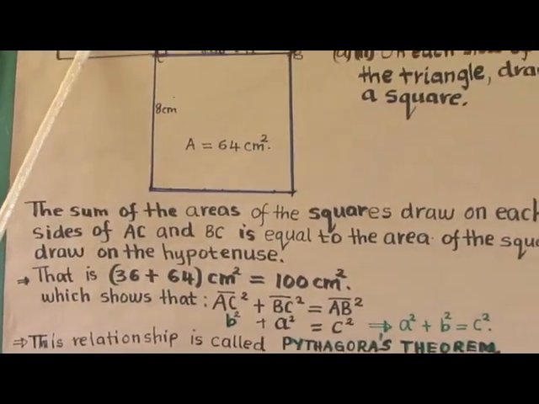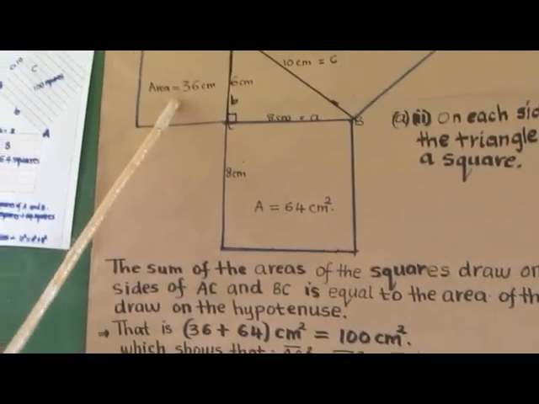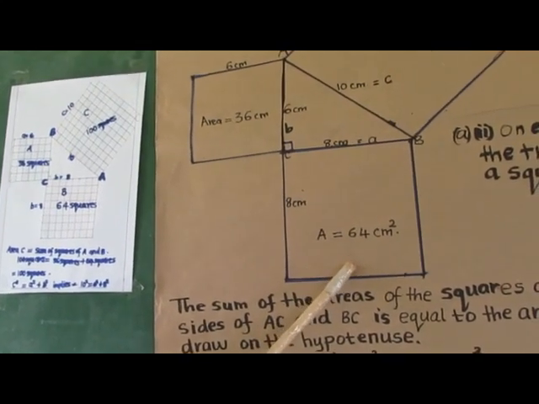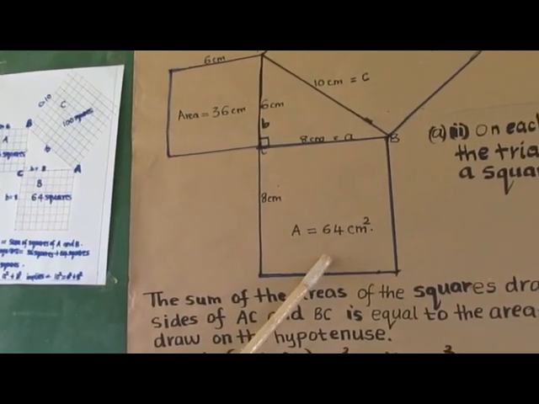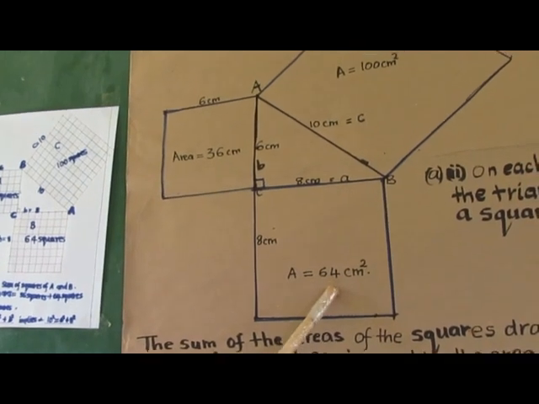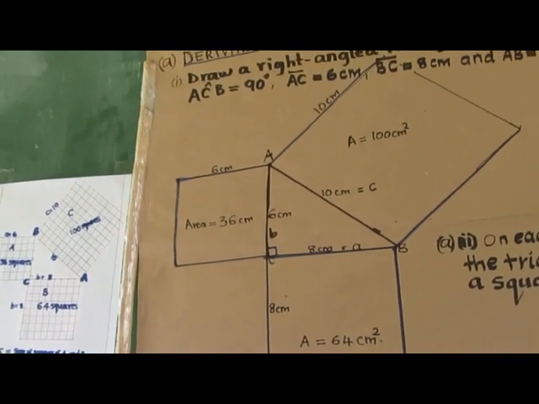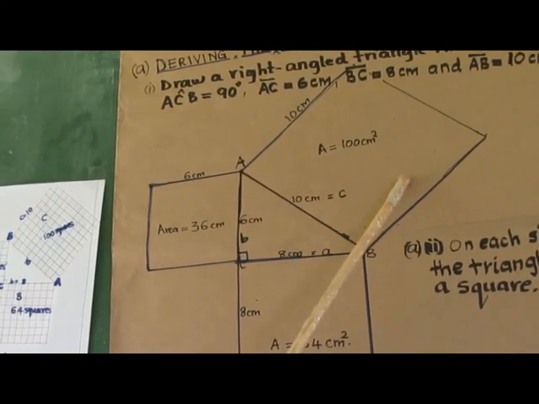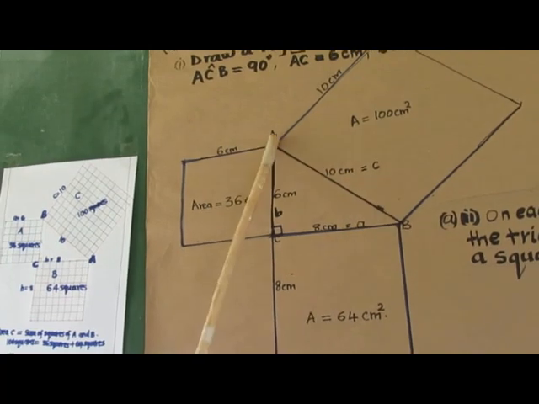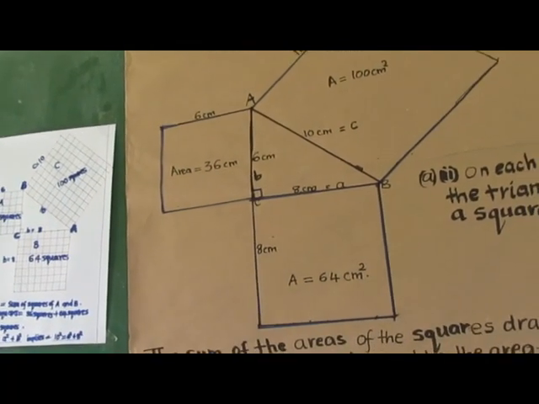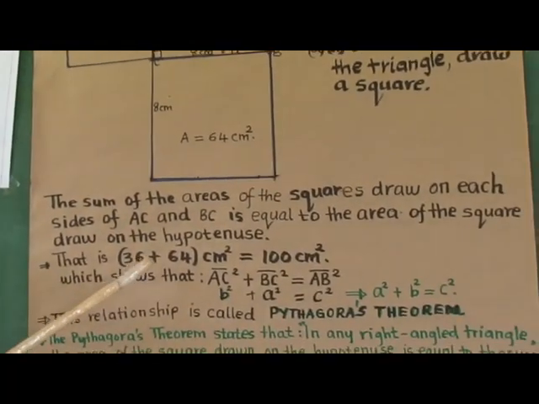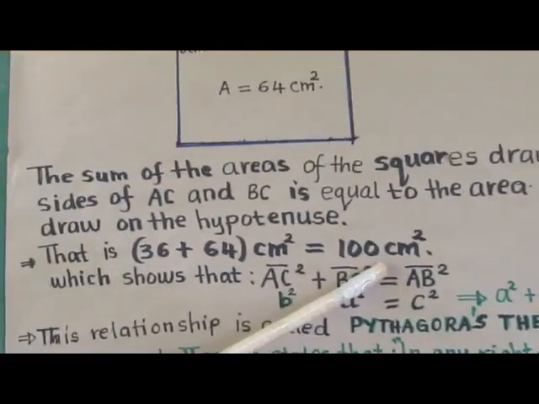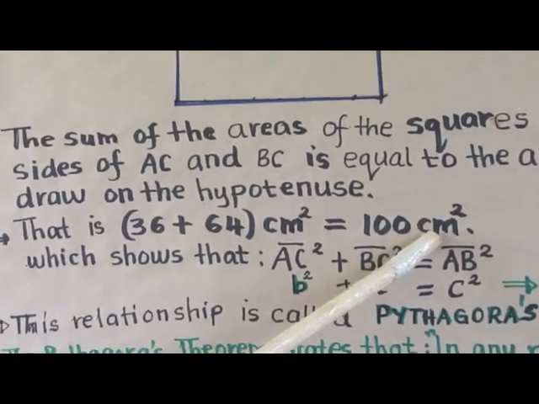The area of this square, which is 36 centimeters squared, plus the area of the square on the base of the triangle, which is 64 centimeters squared, is equal to the area of the square drawn on the hypotenuse. That is, 36 plus 64 centimeters squared is equal to 100 centimeters squared.